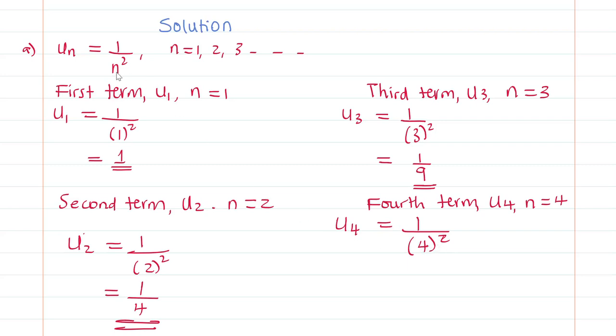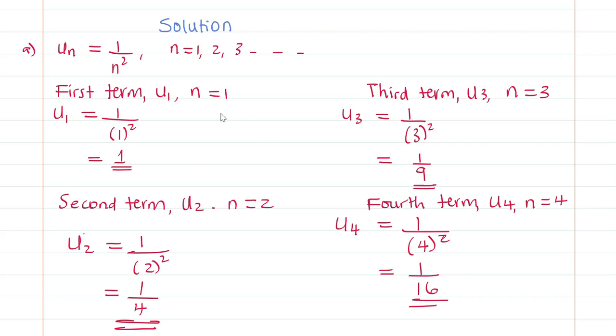We simply substitute for n as that number 4. 4 squared is 16, so we shall have 1 out of 16 as our fourth term. Remember, you can also express them in decimal as long as they are non-recurring decimals, or when they are terminating decimals. But if they are recurring or non-terminating, leave it in fraction.